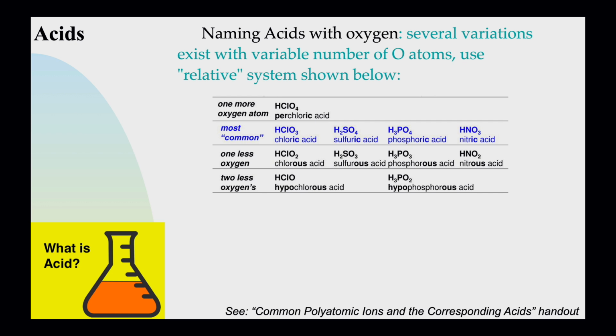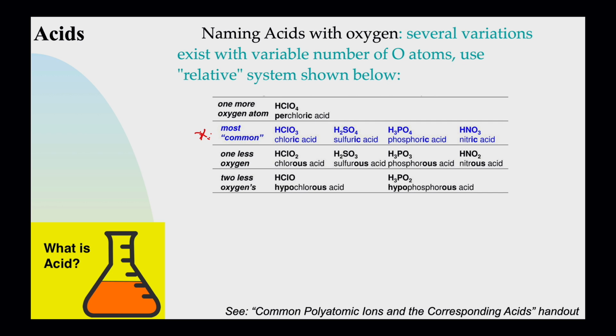And in a nutshell, you have to know which one of the oxygen-containing species is the most common. And in this example, on the left-hand side, the one with chlorine and oxygen, the most common form is ClO3. That's the chlorate polyatomic ion. The most common acid gets an ic acid.